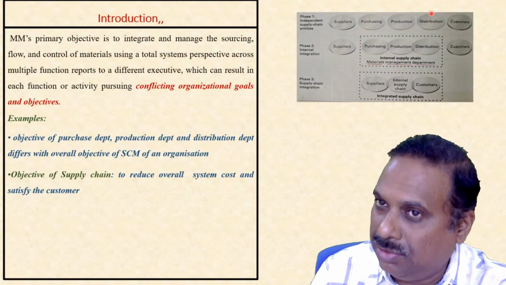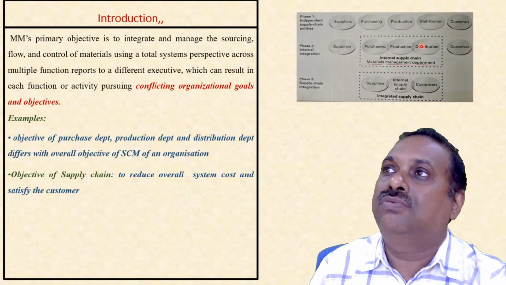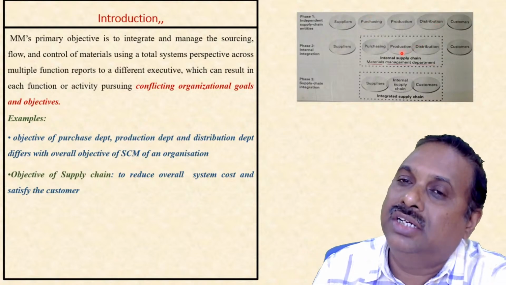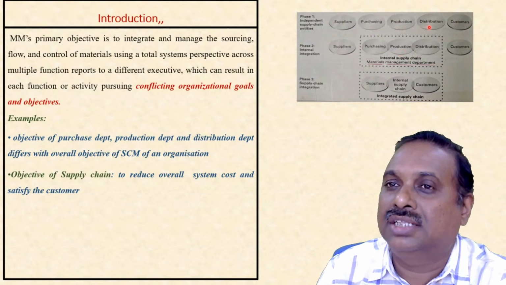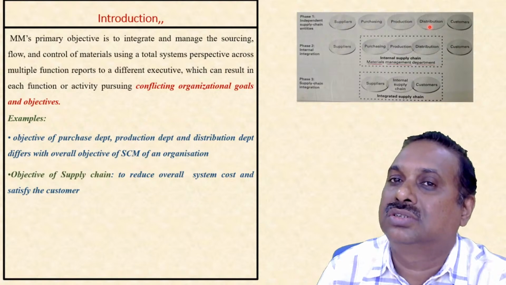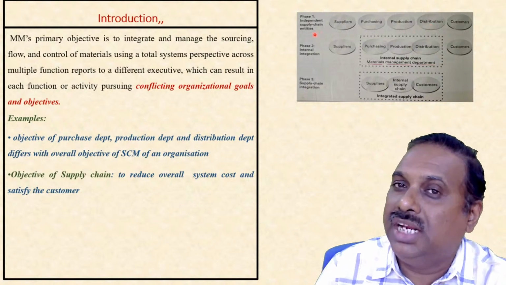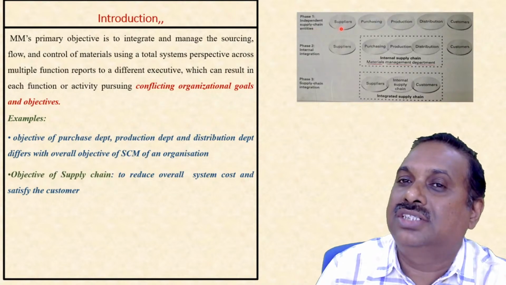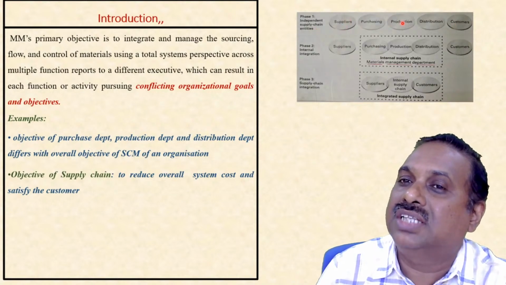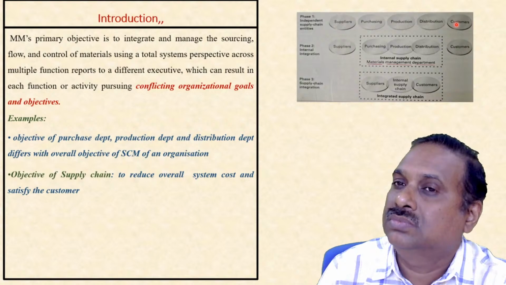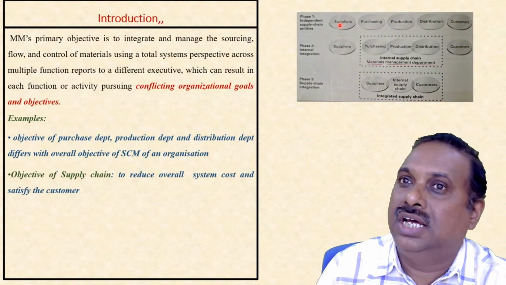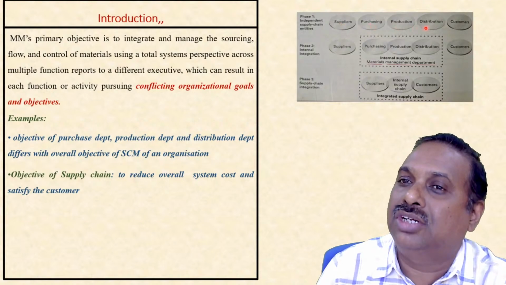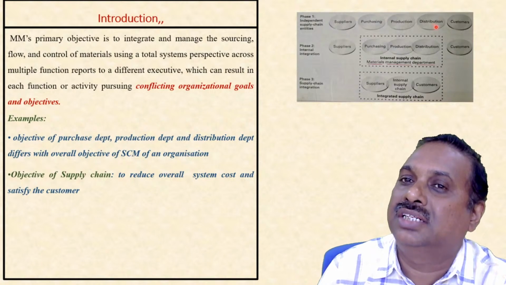In the manufacturing unit, the functional areas can be divided into three: purchasing, production and distribution. So first, in independent supply chain entities, all these five entities are separate. Customers and suppliers are outsiders, and purchasing, production and distribution inside the organization act as separate entities.